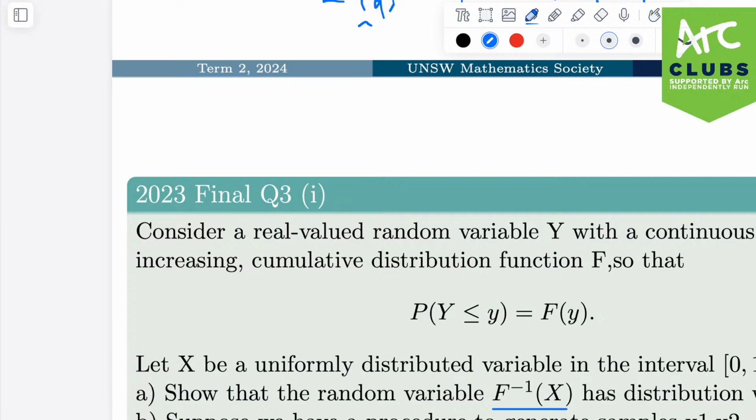So we want to look at the probability that F inverse of X is less than or equal to y. I just use y here because it really can be anything.